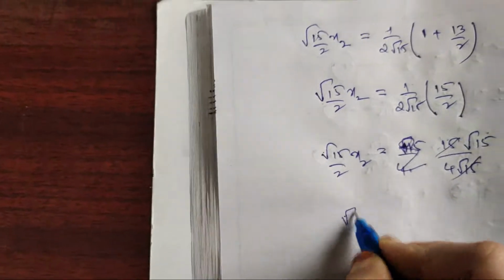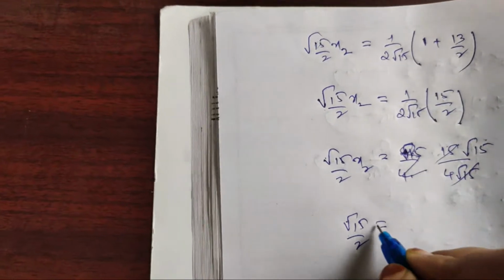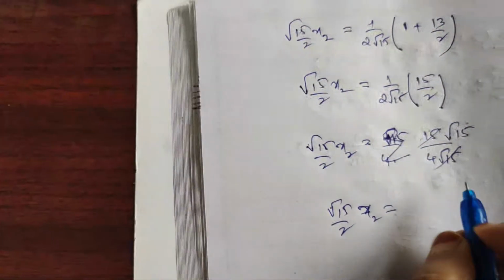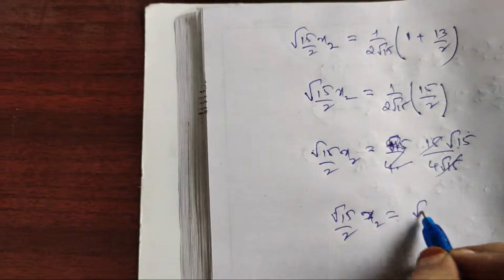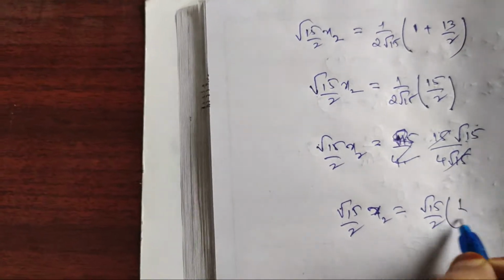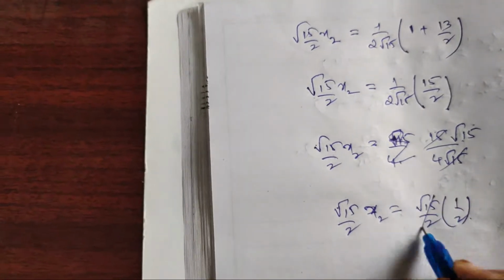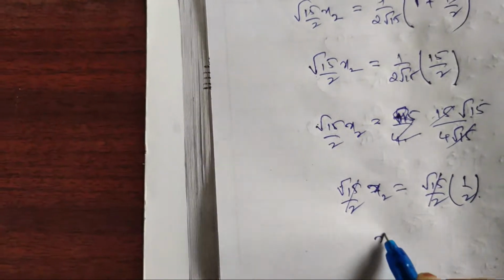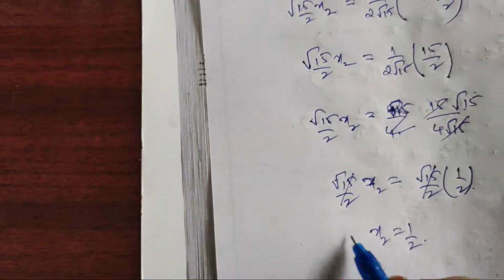So root 15 by 2 times x2 is equal to, taking 15 by 2 as common, 1 by 2. So root 15 and root 15 will get cancelled. x2 is equal to 1 by 2.